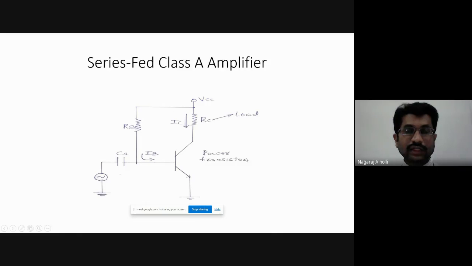Voltage gain is the ratio of the output voltage to the input voltage. This gain of the circuit is less for class A amplifier circuits.